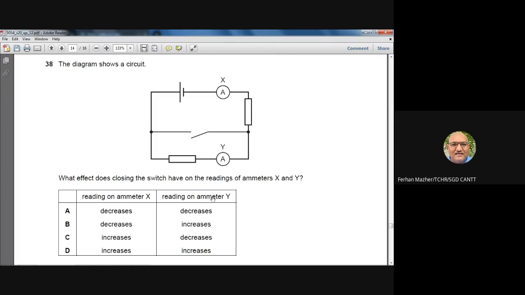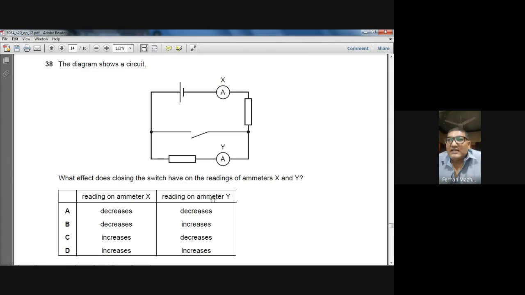So their equivalent resistance will be more than the individual resistances. So the current coming from the battery will be smaller because the resistance is higher. When the switch is open, the 2 resistors are in series, so their resistance will be higher. So a smaller amount of current will be coming.